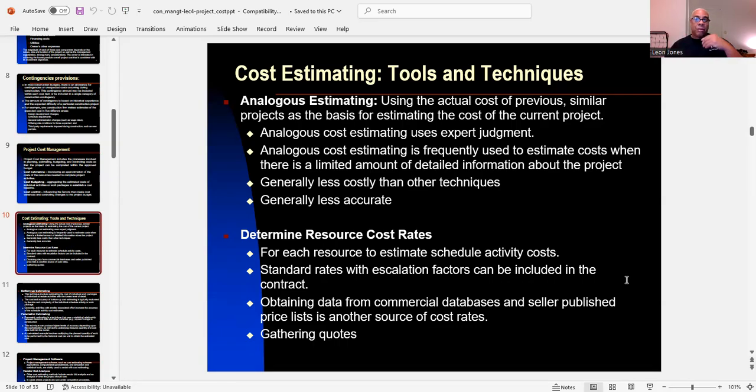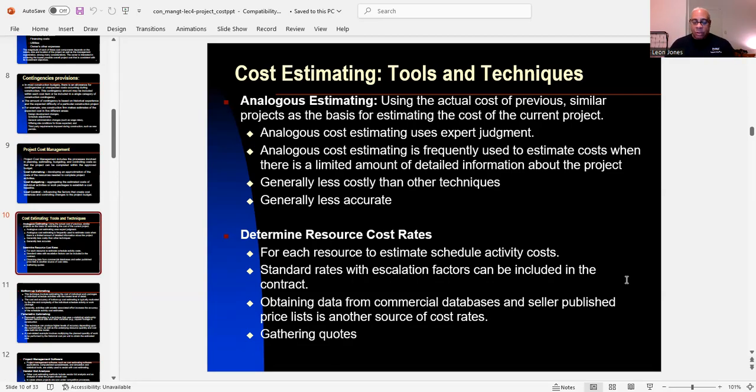When a cost estimate is less costly than other techniques, you better start to check the accuracy. Because generally, when we deal with analogous estimating, it's going to be less accurate. Because you're basically taking something from another project, another project's cost, and that project is similar to the current project.